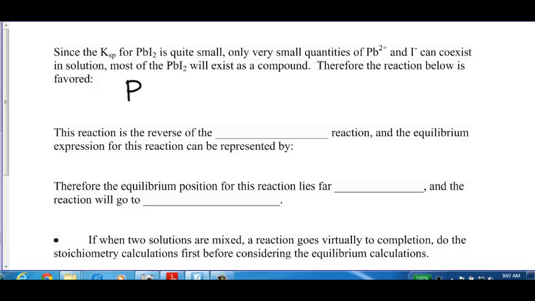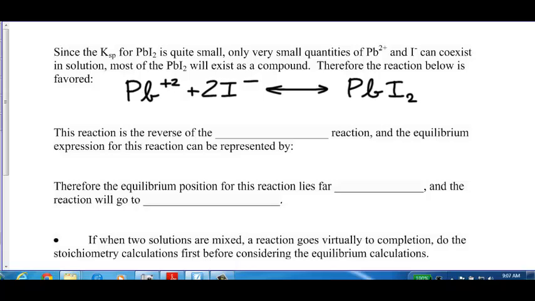That reaction, Pb2+ plus 2I minus, just the reverse of our dissociation reaction, that's favored, okay? This is the reverse of the dissociation reaction. It's the precipitation reaction, right?